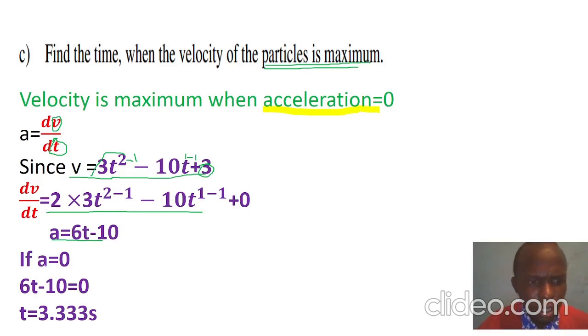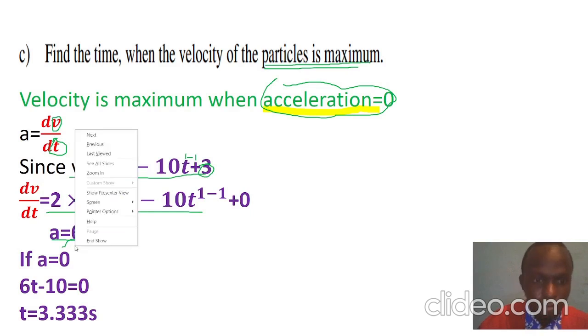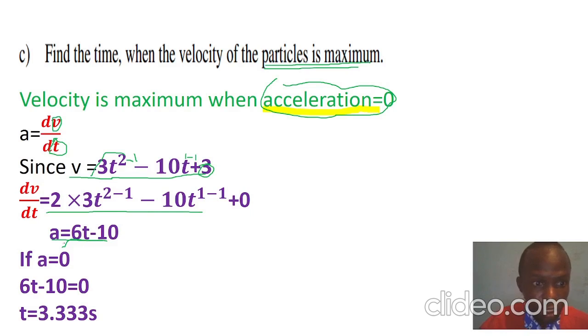So if a is equal to 0, like we have noted here, acceleration is equal to 0, we are going to equate this equation with 0. And then after equating it with 0, you get the value of t is equal to 3.333 seconds.